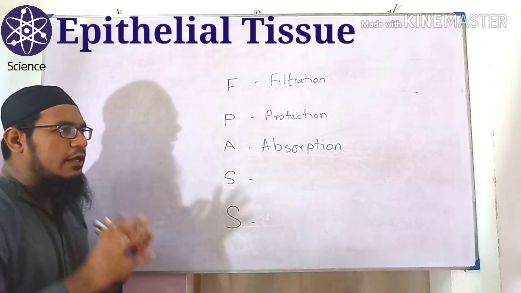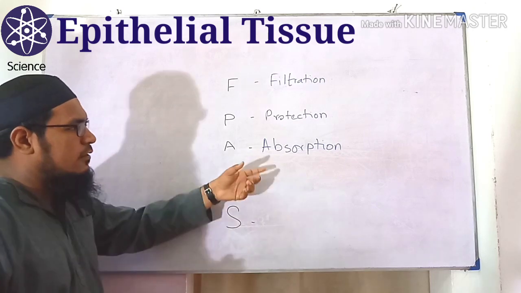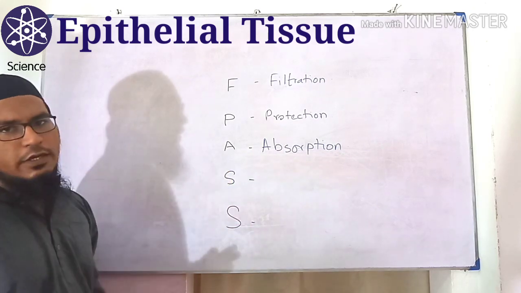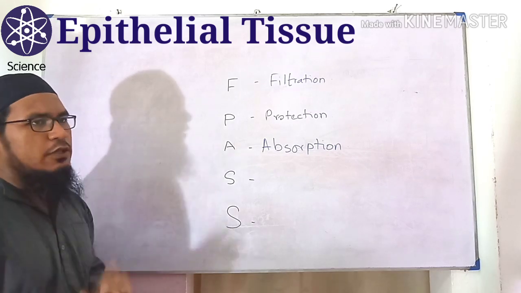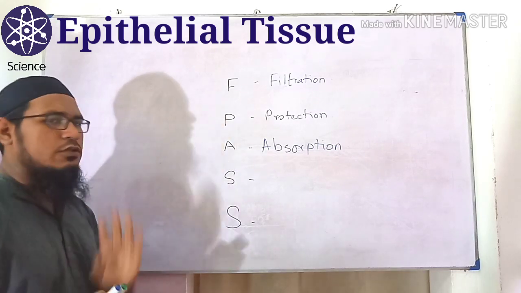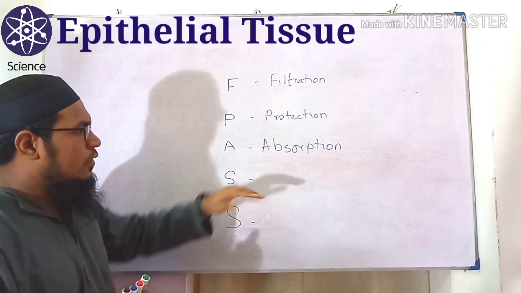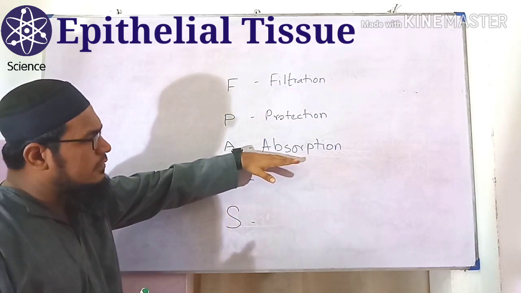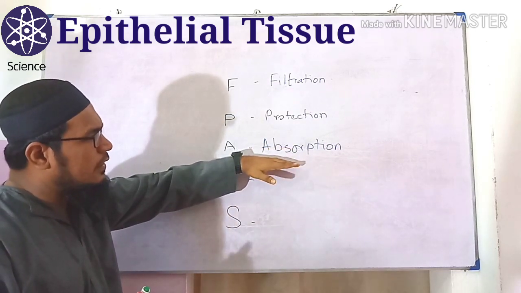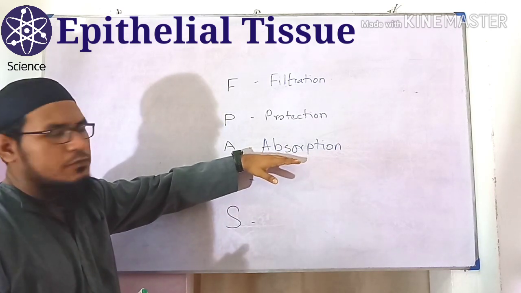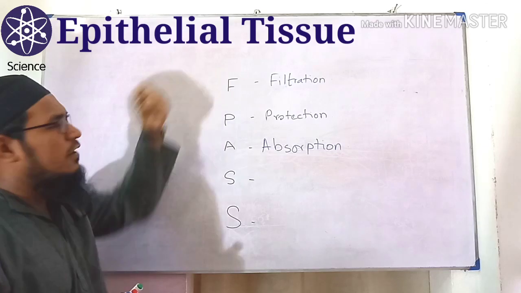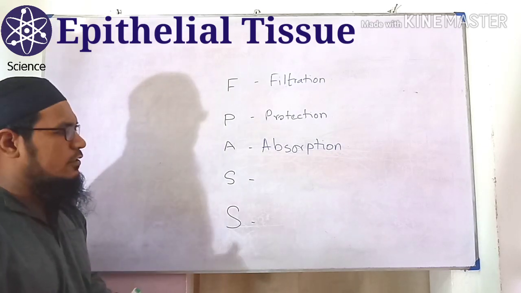The final end product of digestion is absorbed into the small intestine and sent to the blood, and from blood it goes to every organ. So in the small intestine we have a special epithelium that is specialized to do absorption. So absorption is a function of epithelial tissue.